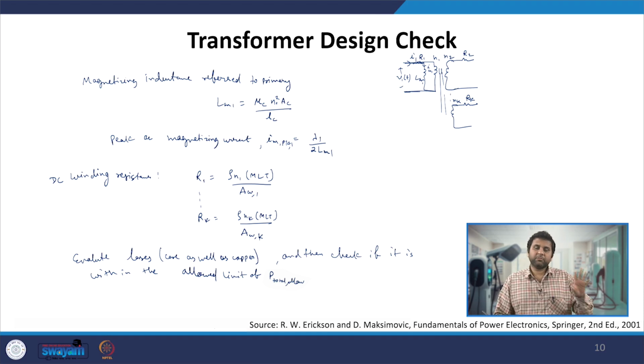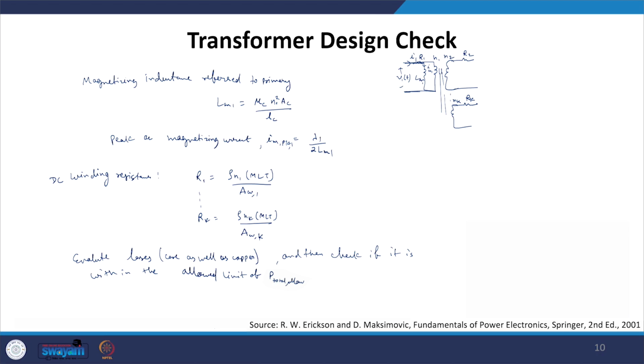You can define how much loss you can afford in the transformer, and then define the core dimension, number of turns, and area of cross section of the wires used for winding. From there you can calculate the copper loss, sum both the losses, and see whether it is within the specified limit or not.